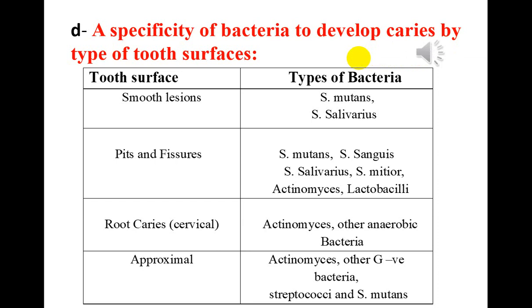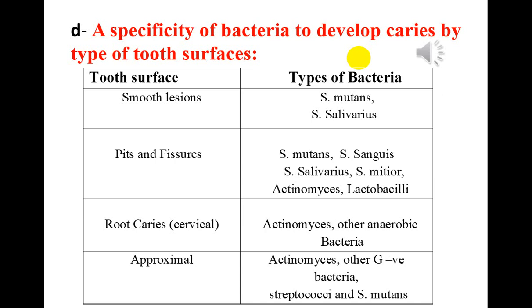Animal studies showed also that there is a specificity of bacteria to develop caries according to the type of tooth surface. As you can see in this table, the predominant bacteria in smooth surface carious lesions involve S. mutans and S. salivarius; for pits and fissures, S. mutans, acidogenic bacteria, S. salivarius, etc., in addition to lactobacilli and actinomyces.